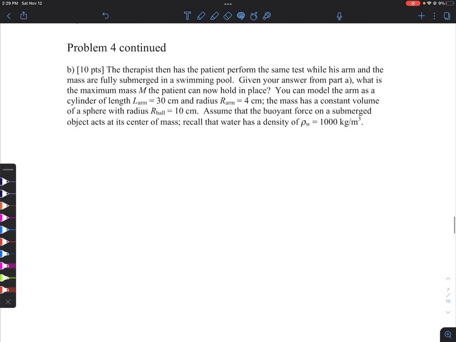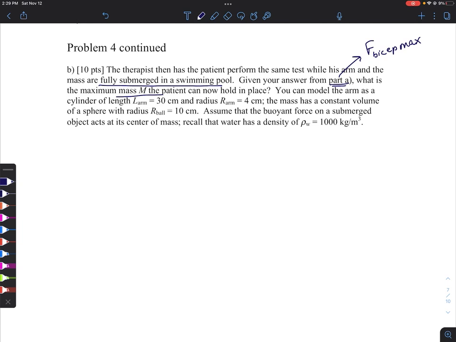For the next part, the therapist has the patient perform the same test while his arm and the mass are fully submerged in a swimming pool. Given your answer from part A, so we figured out the maximum force that the person can exert with their bicep, what is the maximum mass M the patient can now hold in place?